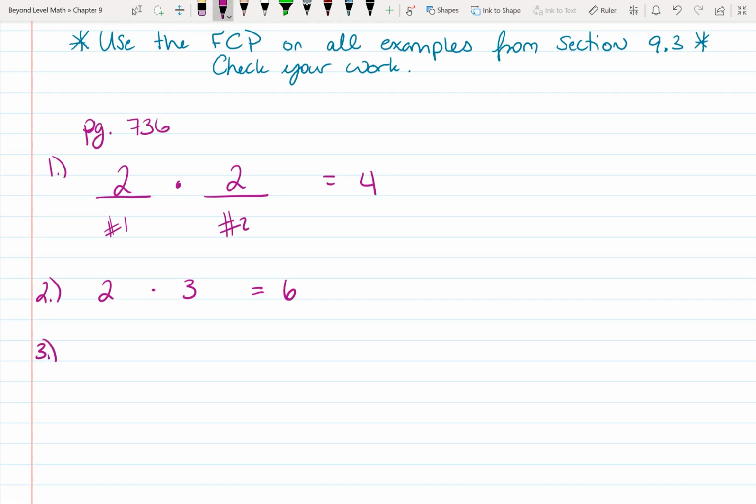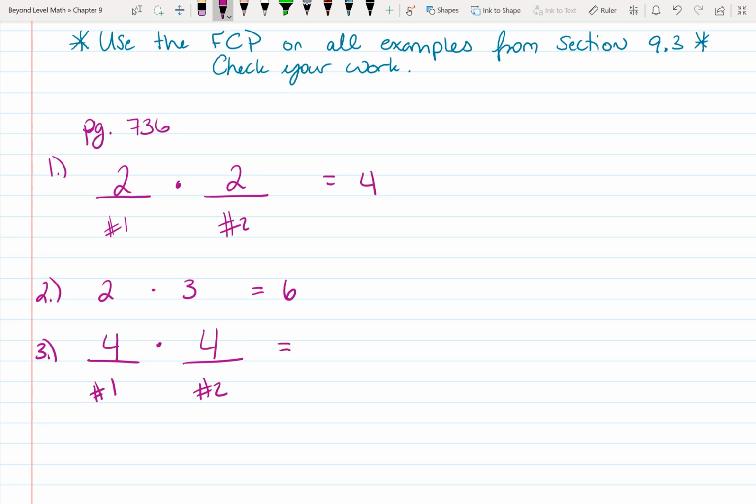Number 3, this is the spinner with 4 equal sections. Gerardo spins a spinner with 4 equal sections twice. So when you spin it the first time, you've got 4 options. When you spin it the second time, it's the same spinner, so you still have 4 options.